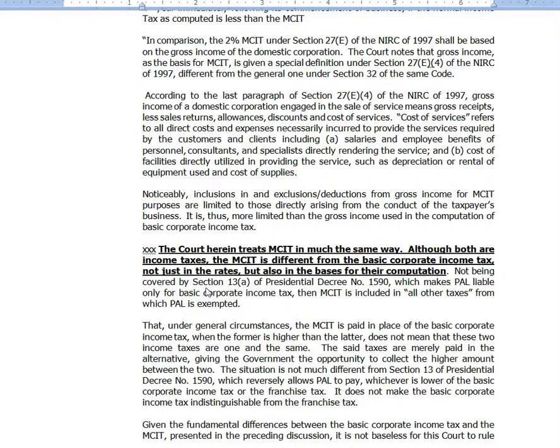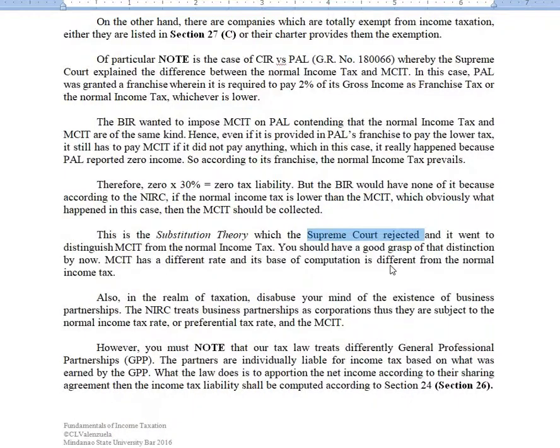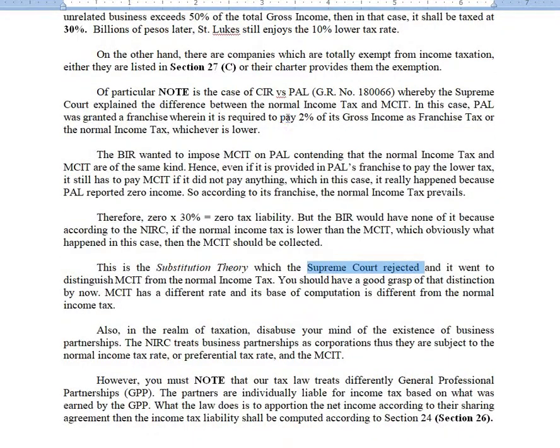Not being covered by Section 13 of Presidential Decree number 1590, which makes PAL liable only for basic corporate income tax, then MCIT is included in all other taxes from which PAL is exempted. You remember the in lieu of all other tax proviso. So, in the case of PAL, its franchise is that it has to pay 2% of its gross income as franchise tax in lieu of all other taxes, or the normal income tax, whichever is lower.